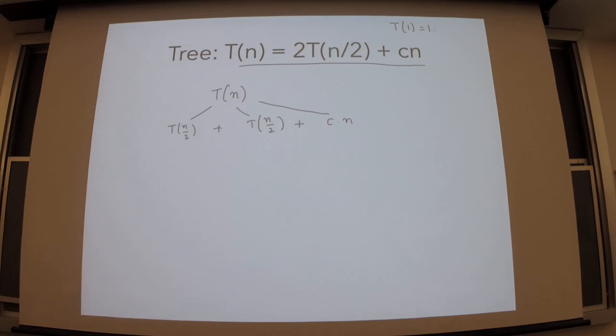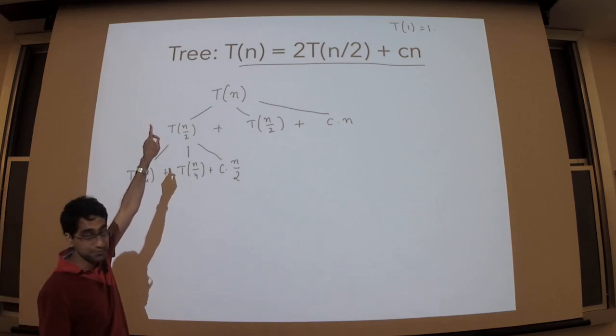Now you can use this formula inductively to say that T of n by 2 will be T of n by 4 plus T of n by 4 plus C times n by 2. Correct? Because I've used the exact same formula with n replaced by n by 2.